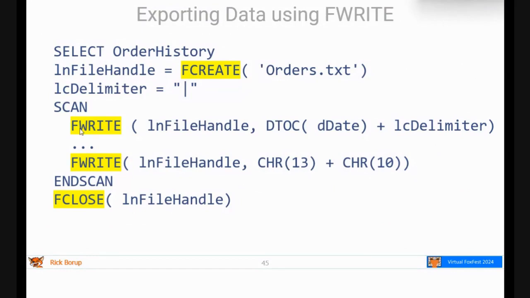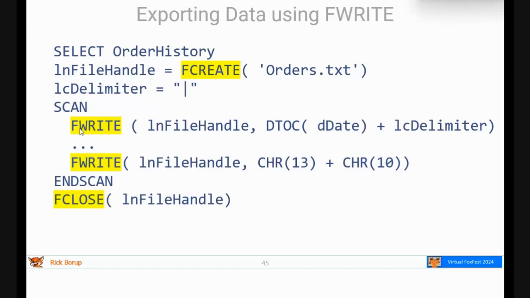So in this situation, we are going to be FWRITE-ing every single field, and then at the end, we are responsible for adding the carriage return line feed. Remember earlier when I talked about line breaks? So here is where, if you're creating a file for Unix or for Mac, you would have to write the appropriate line ending character rather than always assuming that it's Windows.